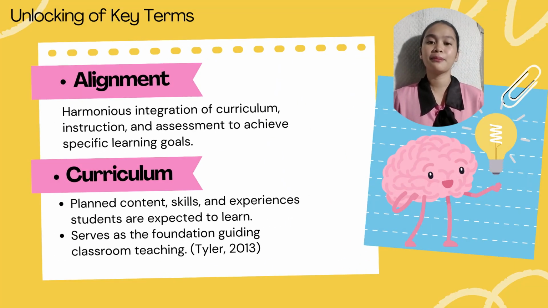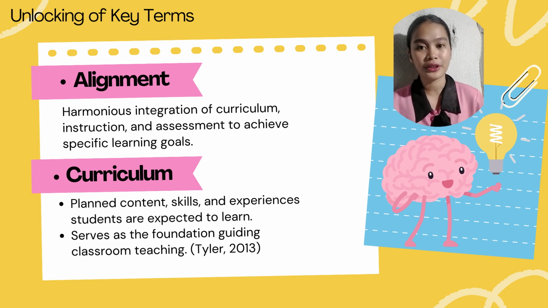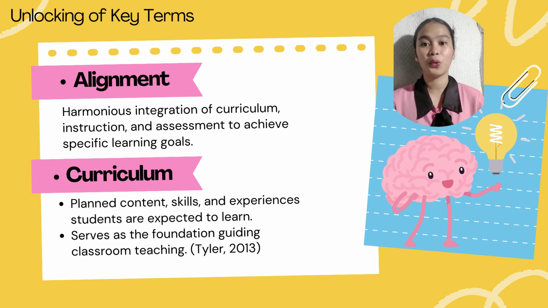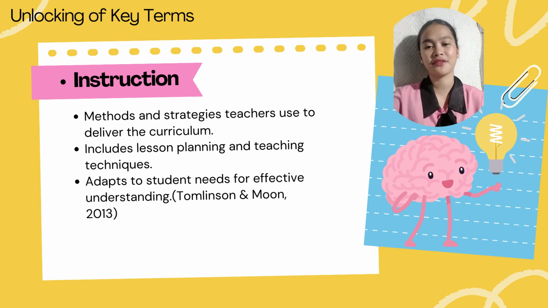Now, let's start by defining first the key terms related to educational alignment. First is curriculum. Curriculum refers to the planned content and skills that students need to learn. It outlines educational goals and defines the competencies students must develop over time. Next would be instruction. Now, what is instruction?